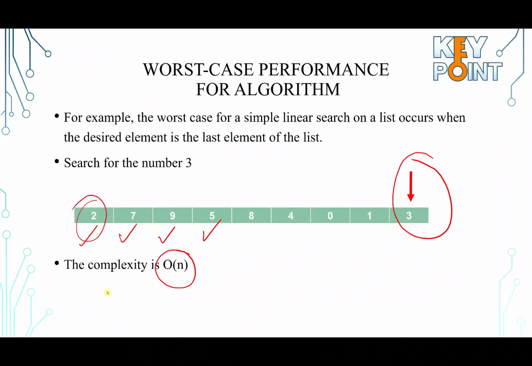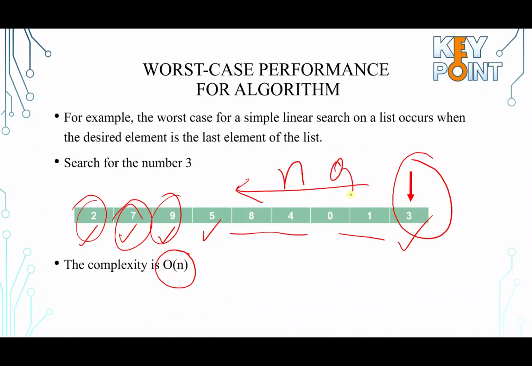Visit this, compared to 3. Visit this, compared to 3. Visit this, and so on, up to this point. Visit this, compared to 3, then I have done n operations. If I didn't find it, I also have done n operations, even if I didn't find it.